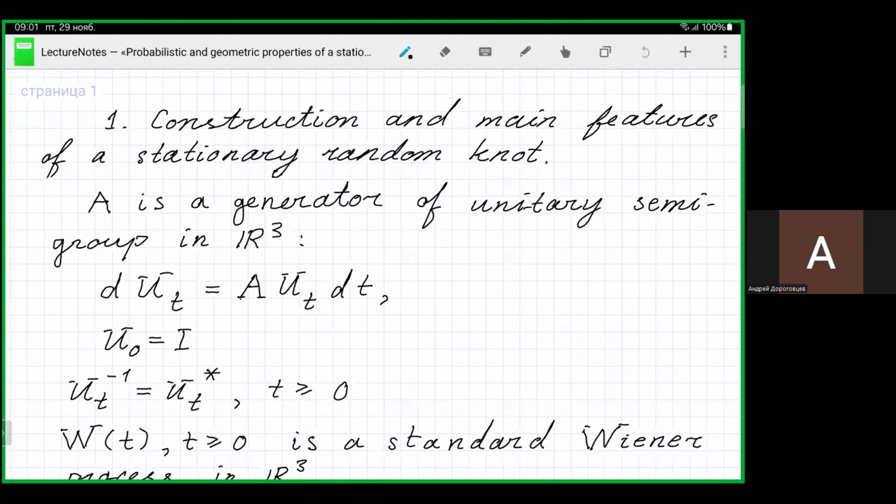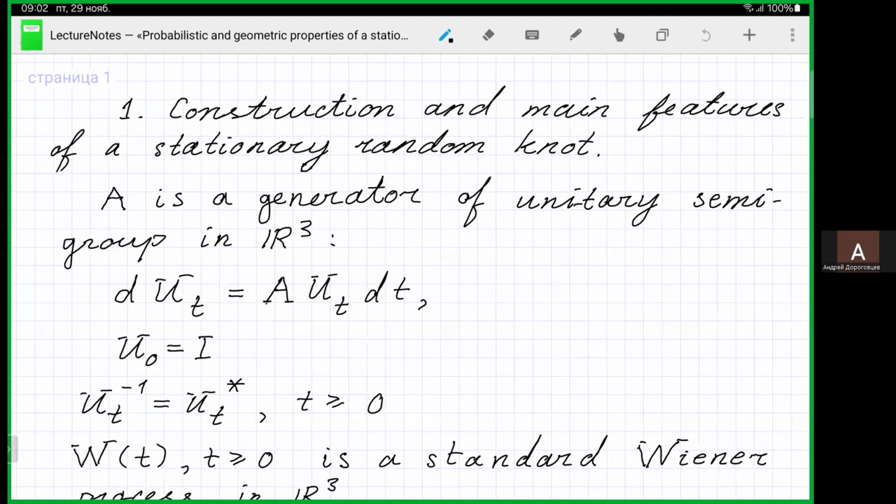Okay, so today we will construct a stationary random knot. As we said last time, and as I repeated today, we will get this random knot as an image of some smooth curve in the space under a random map.